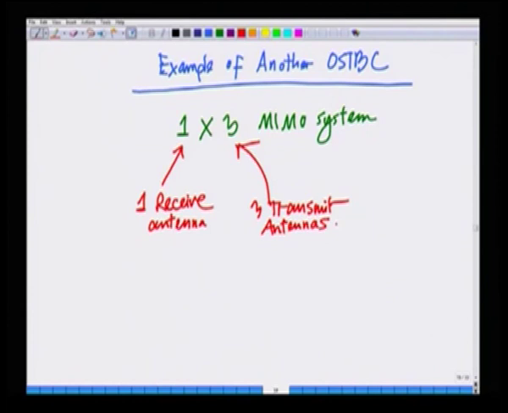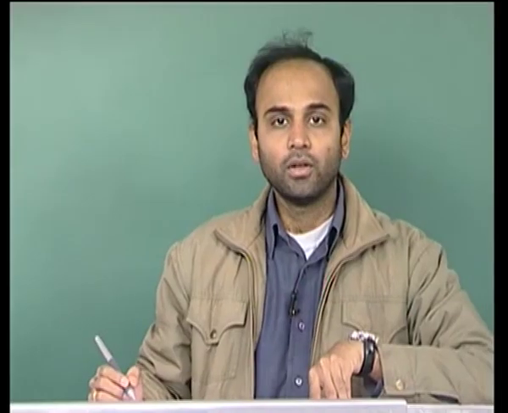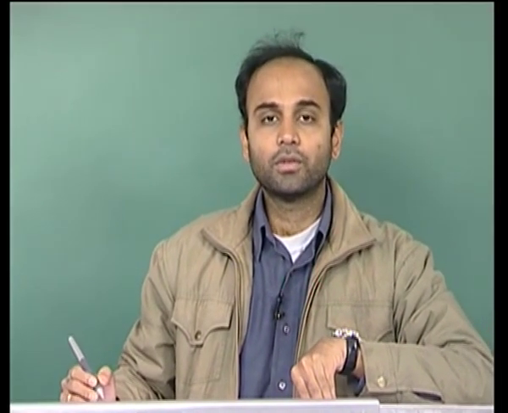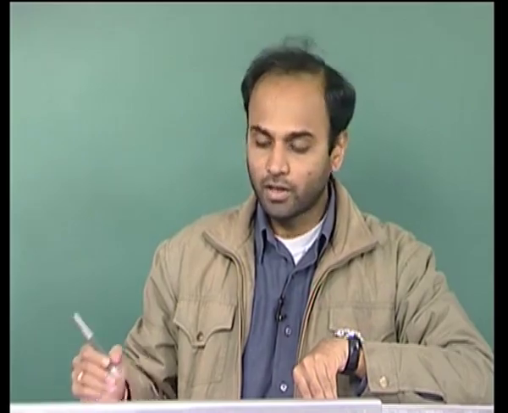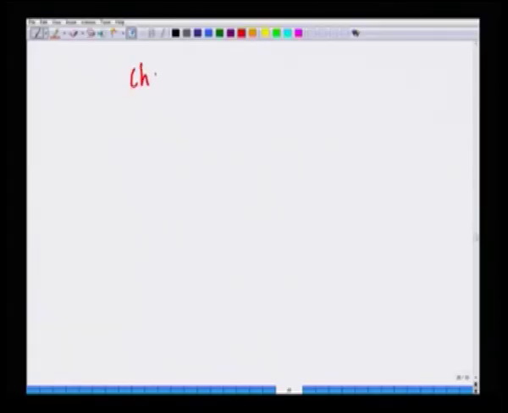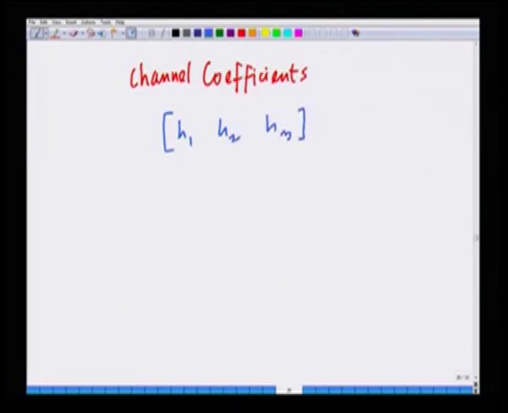So, in this 1 cross 3 system, there is 1 receive antenna, 3 transmit antennas. The channel coefficients, or in fact, the channel matrix can be represented as H1, H2, H3.